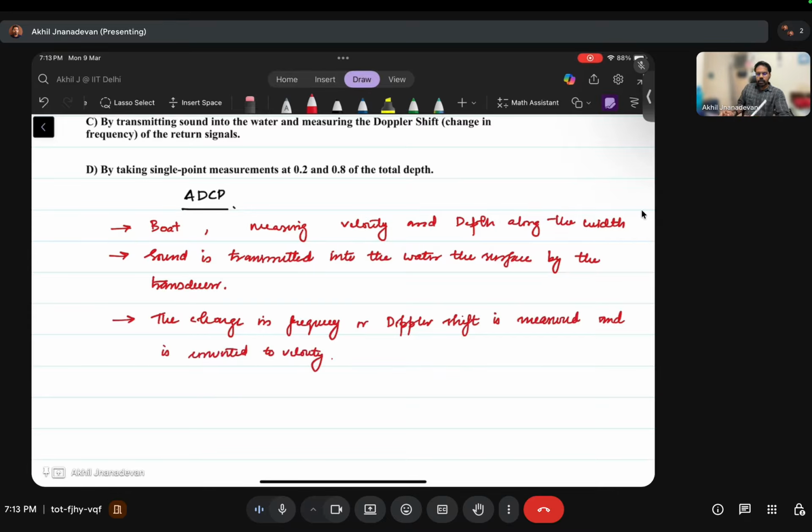So the advantage is that it gives both the profile and the velocity, it takes less time, and discharge measurements can be made during flooding conditions also. These are some of the advantages.